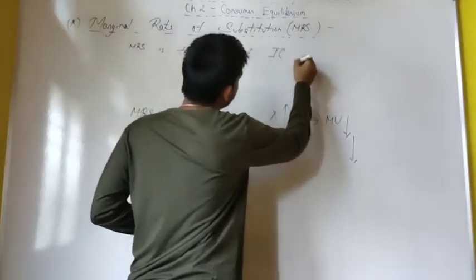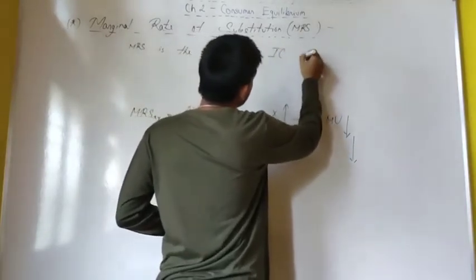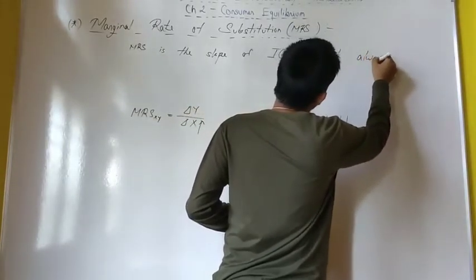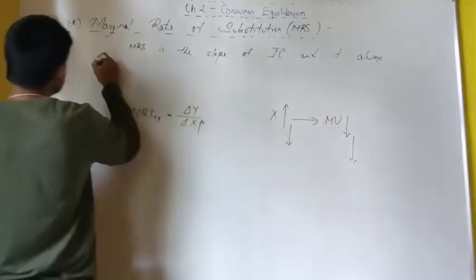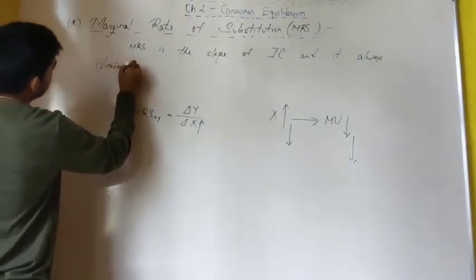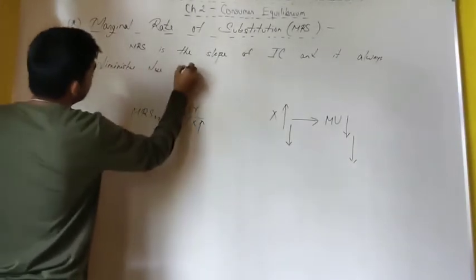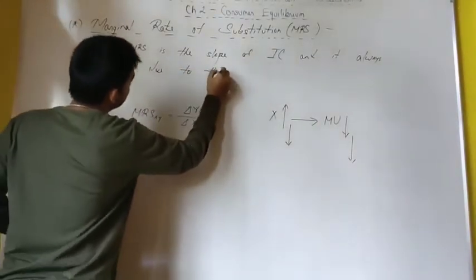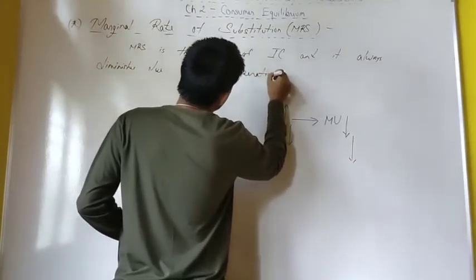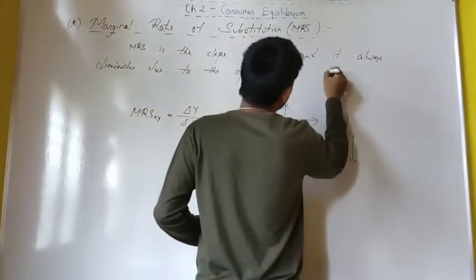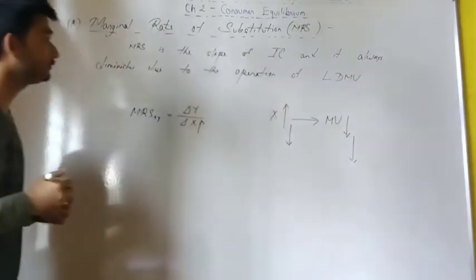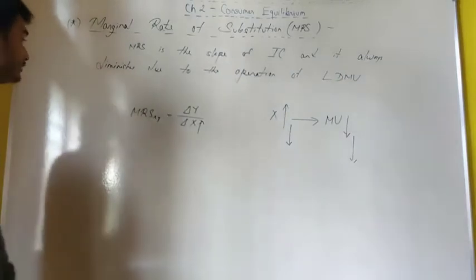MRS is the slope of the indifference curve, and it always diminishes due to the operation of the law of diminishing marginal utility.